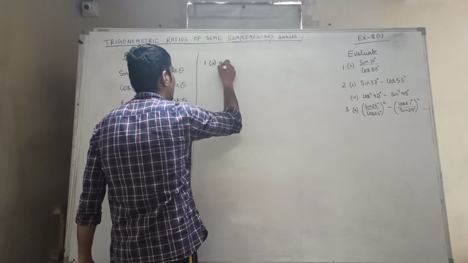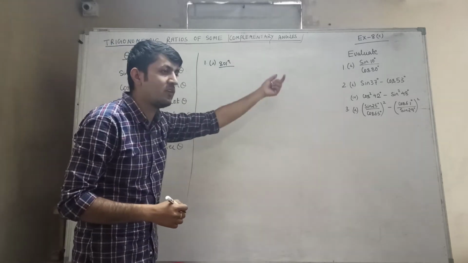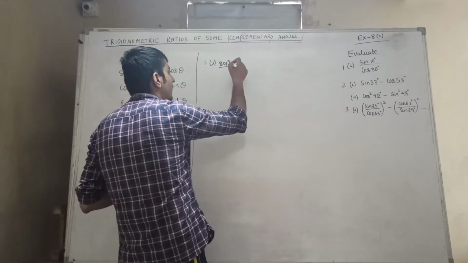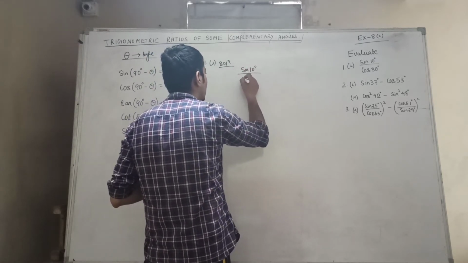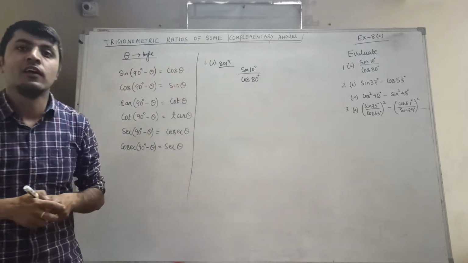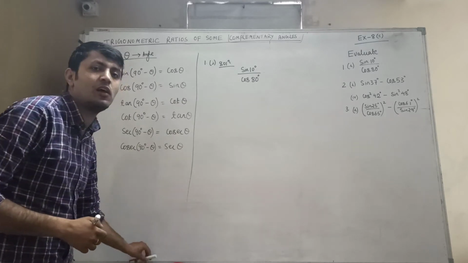Let me write down the expression first, then I will teach you how to use your complementary angle here. This is your question. Now whether you can use your complementary angle here or not.